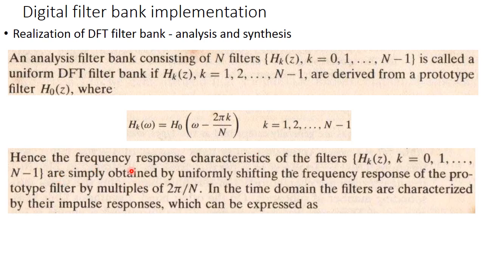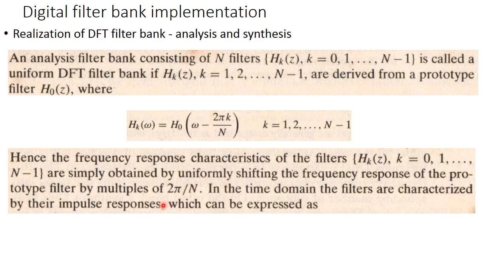Hence, the frequency response characteristics of the filters Hk(z), k from 0 to N minus 1, are simply obtained by uniformly shifting the frequency response of the prototype filter by multiples of 2 pi by N.